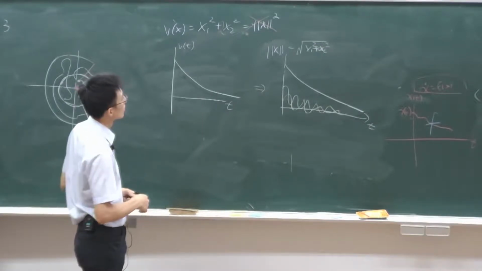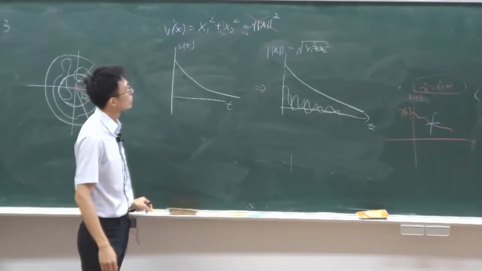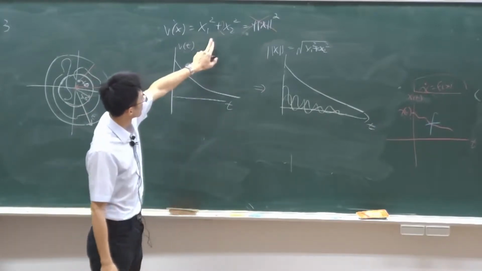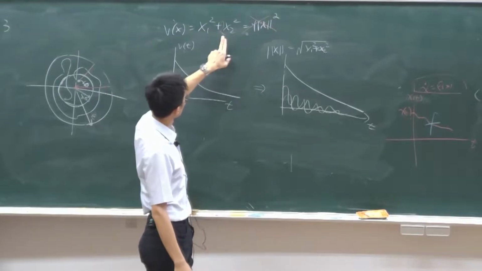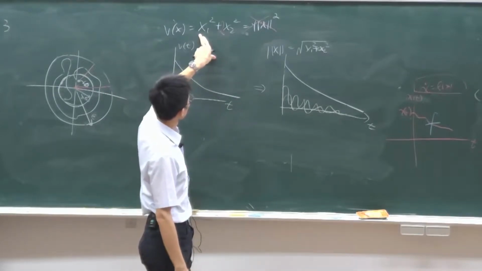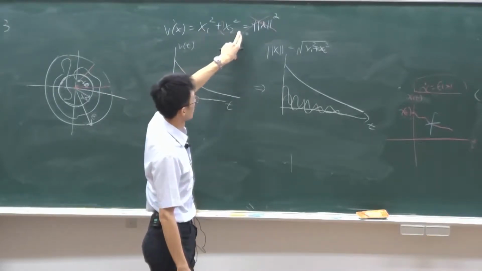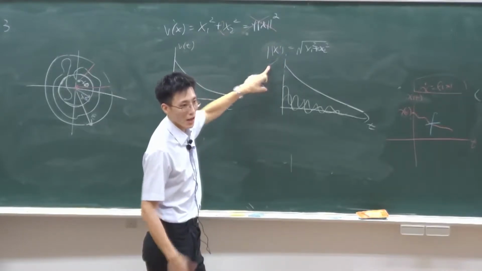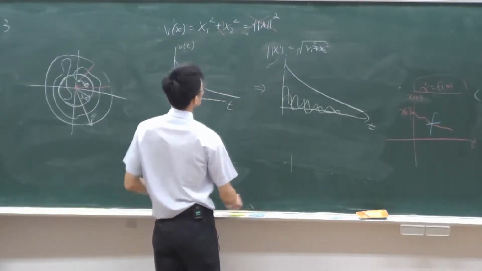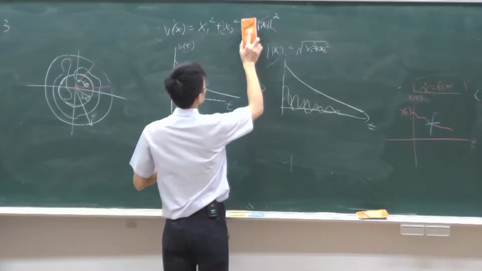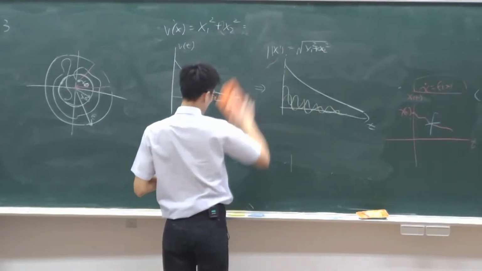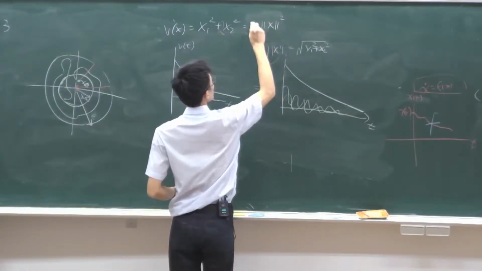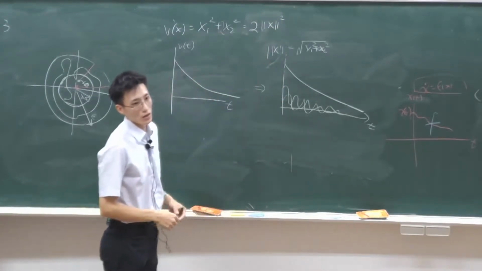Okay. So usually what will you do with this? If you are given 1x1 squared plus 2x2 squared and want to know the norm, what will you do? What you can do is keep the norm here and put another coefficient 2 here.